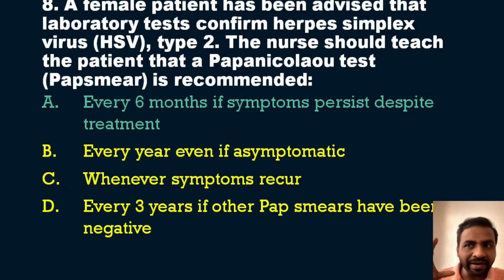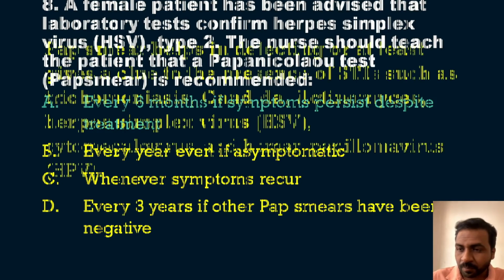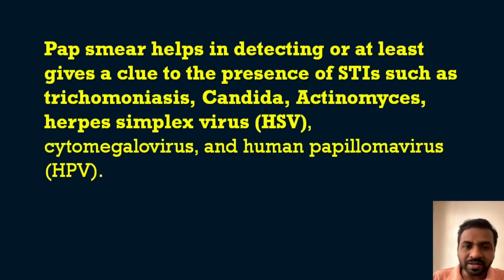This is a recommendation for further testing. So what can we observe in a Pap smear test? We know that a Pap smear gives a clue to the presence of sexually transmitted infections such as trichomoniasis, candida, actinomyces, herpes simplex virus, cytomegalovirus, and obviously human papilloma virus.